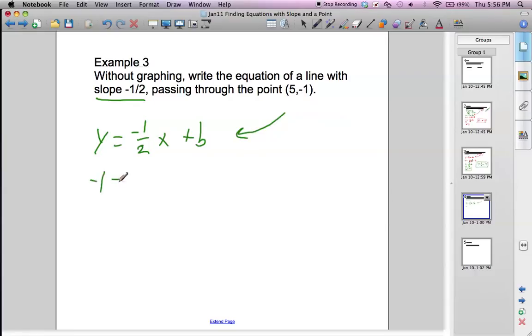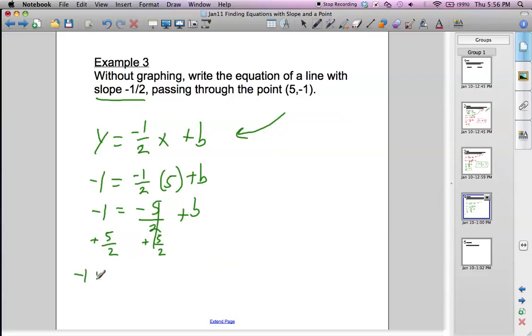So we got -1 = -1/2 times 5 + b. -1 equals, so this is going to be -5/2 + b. Then we can add 5/2 to both sides, and we get -1 + 5/2 = b.